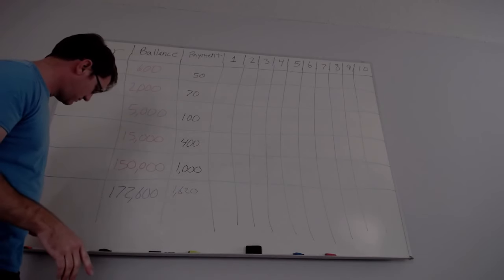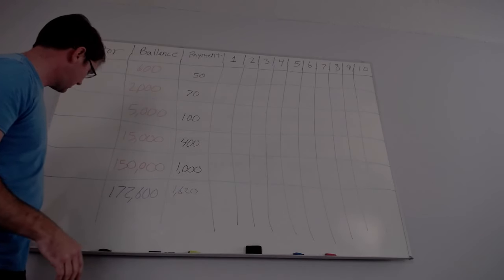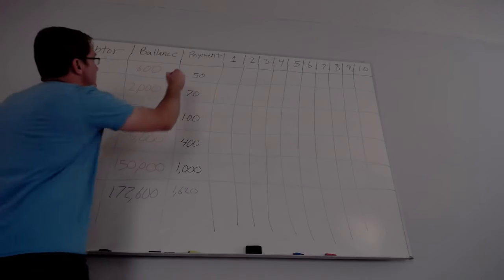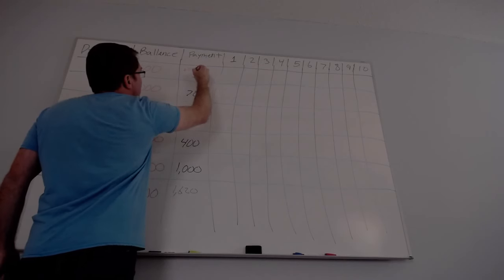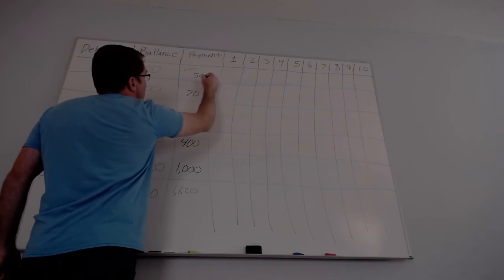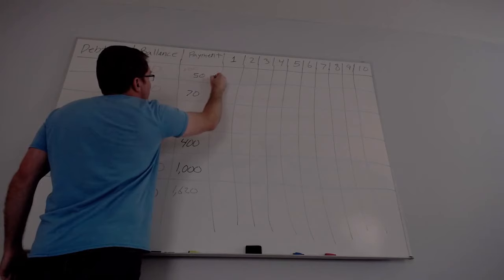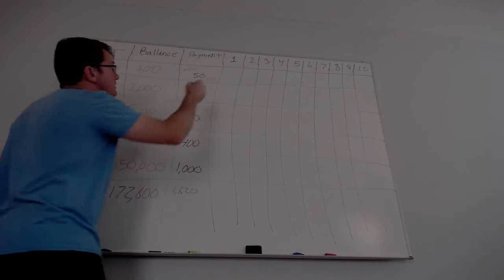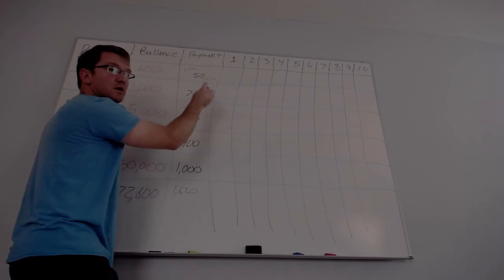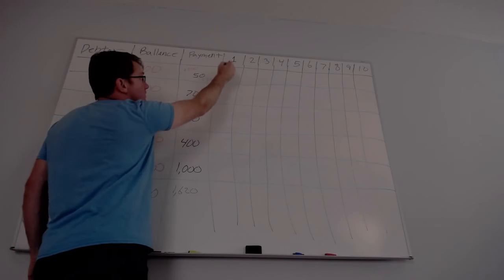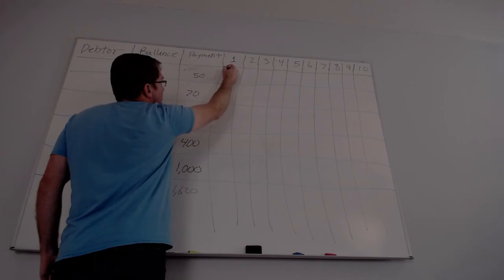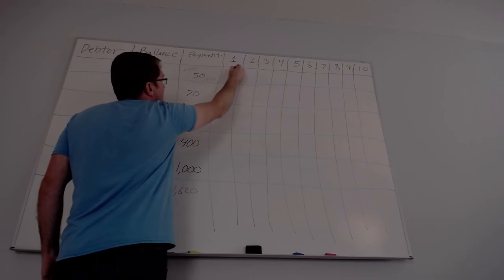Okay, so let's do it in orange. Okay, so plus 200, all right, equals 250. Now we're going to send in over this. So in the top part of the column, you're going to write in what you sent in that month for month 1. Okay, so you sent in 250.